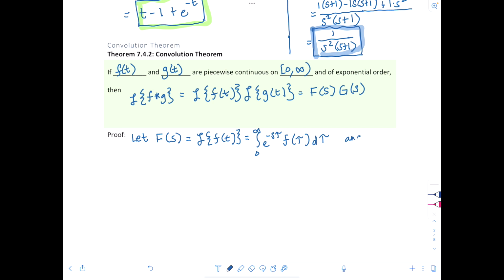And we'll let G of s equal L of lowercase g of t, which is equal to the integral from 0 to infinity of e to the negative s beta, we'll use beta instead of tau, times g of beta d beta.